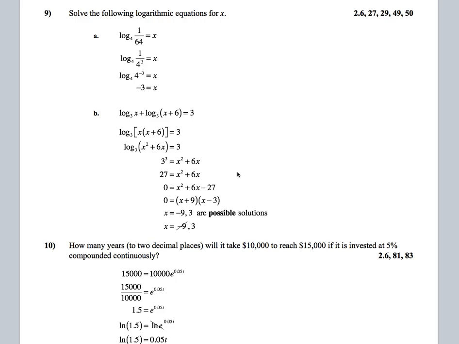Then we want to see if we can get that 4 out of the denominator, and we can by writing that 3 as a negative exponent, negative 3. So 1 over 4 to the positive 3 is the same thing as 4 to the negative 3.